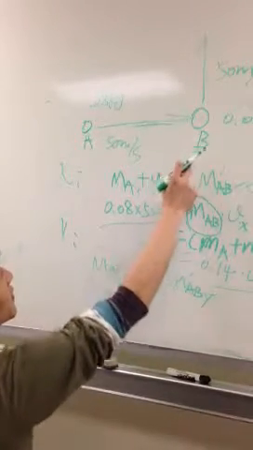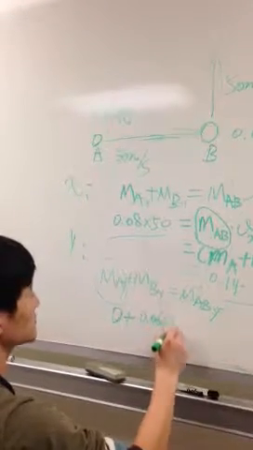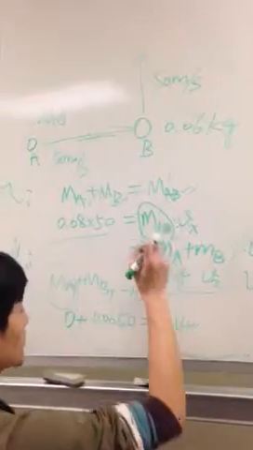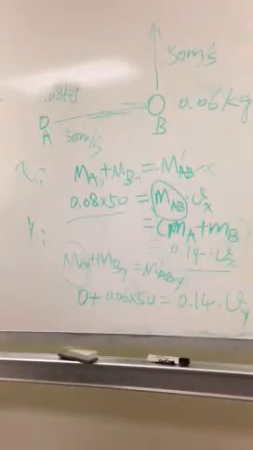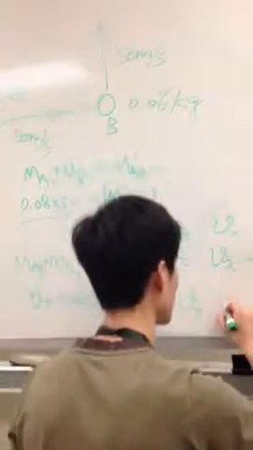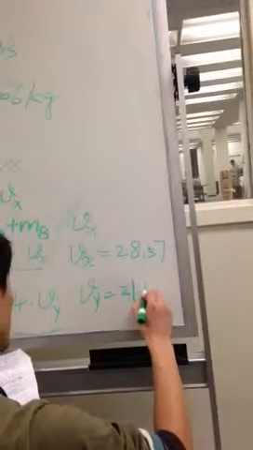For this particle B, times 50, in the end it will be the whole thing times velocity y, right? And then if you calculate, it is equal to 21.43.